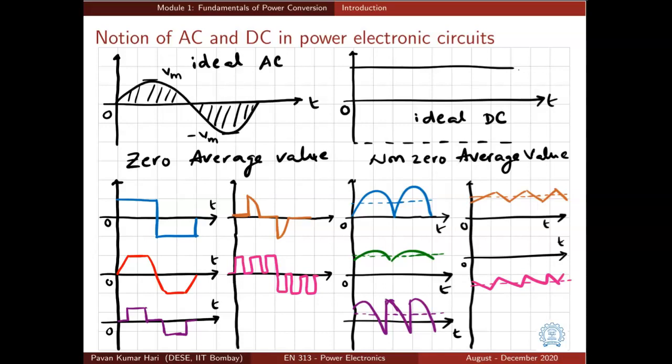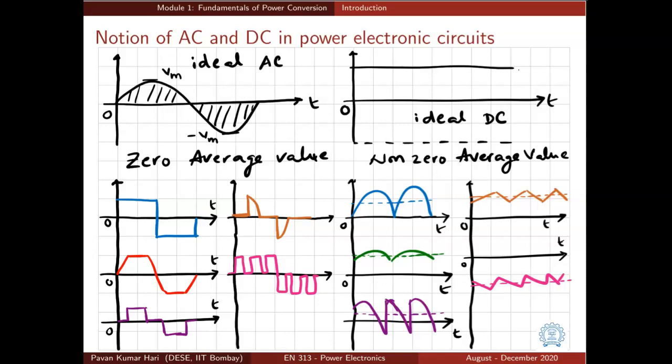Consider two DC waveforms. For example, you consider this blue color waveform and this green color waveform. Which of these represents DC better? The one which is closer to the ideal case, that is, the one with less variation in magnitude, is a better DC waveform.